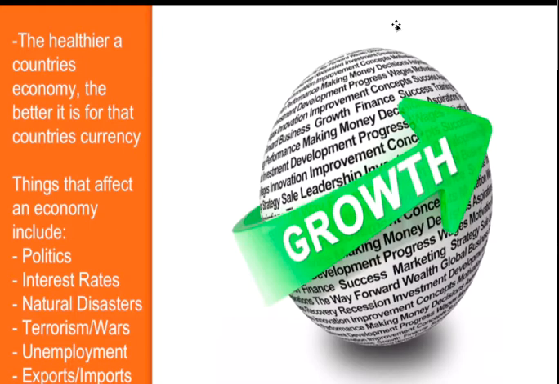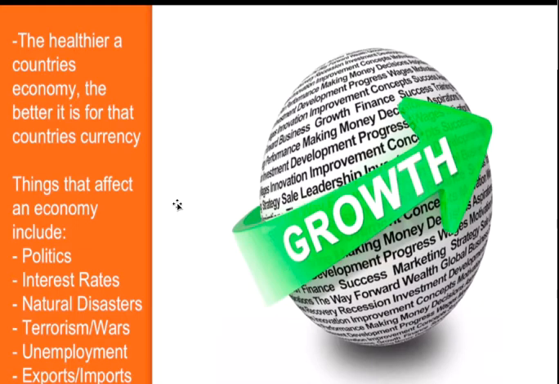The healthier a country's economy is, the better it is for that country's currency. What do we mean by that? When the currency like the US dollar, from America, is having turmoil, the currencies will be affected by what is going on in that country.